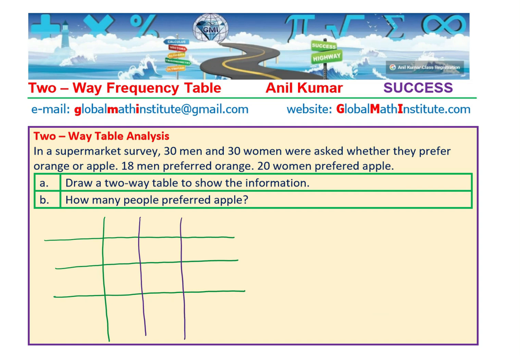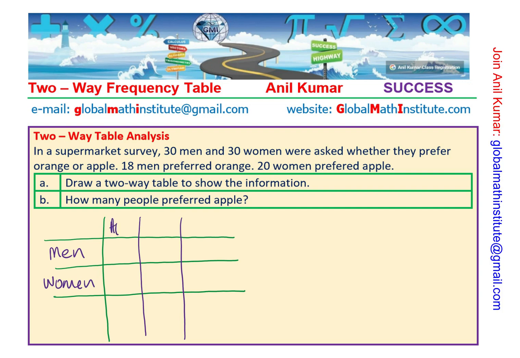We have men and women, so let's write men here, women, and we have apples and oranges. Perfect. Once you've written this, we know the extremes are all totals, right? So, total of rows and total of columns. Perfect. Let's fill in the values.